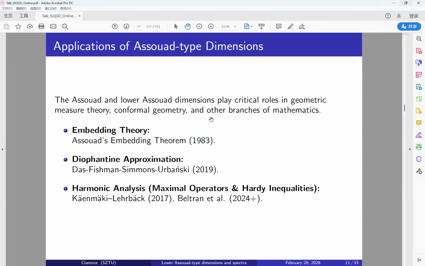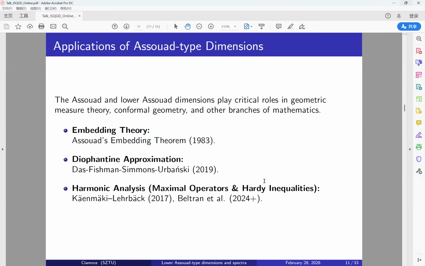The Assouad type dimensions are also available for describing the dimension of sets from Diophantine approximation. One of the results can be found from Das and his collaborators. Also, the Assouad type dimension can be applied in harmonic analysis, like maximal operators and Hardy inequalities, like Anttila, Kaenmaki and Rohrbach, Beltran, etc.